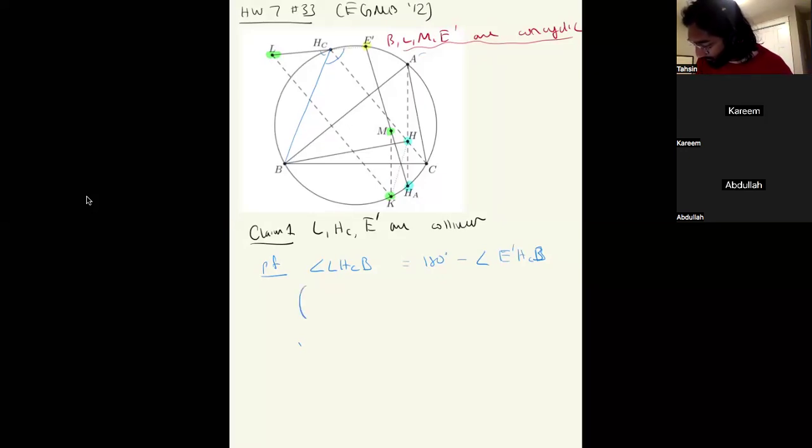If you use directed angles, what you're showing is that LHCB equals the directed angle E prime HCB. But if you don't know what directed angles are, don't worry about it. If you do, then this is the more scientific statement. Regardless, you want to show that these two angles, this one and this one, are supplementary. So let's see if we can calculate these by some kind of angle chase.